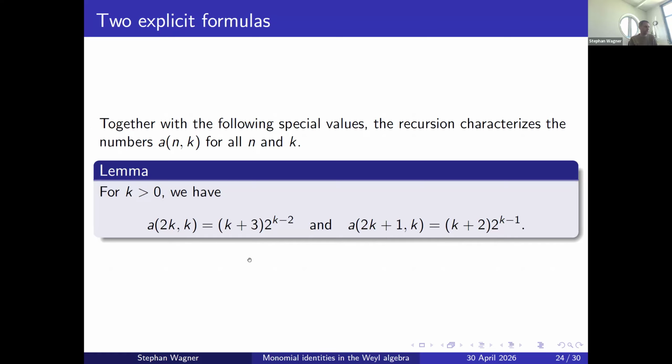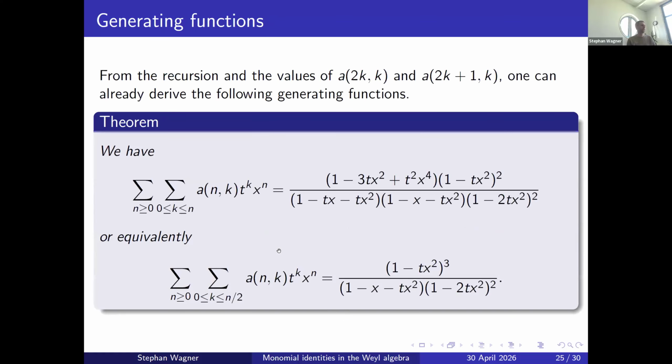This is again by considering abnormal words. You just have to count how many abnormal words you get, and the same more or less applies here. You have k many D's and k+1 many U's, and again you count how many abnormal words you get. Once you have these formulas and the recursion, A(n,k) is completely determined.